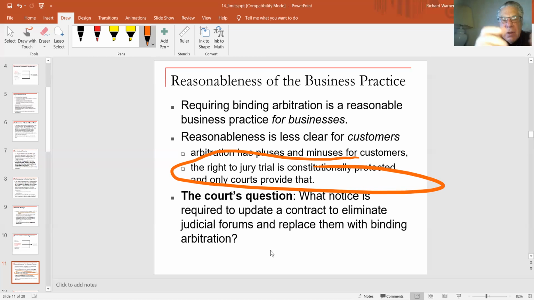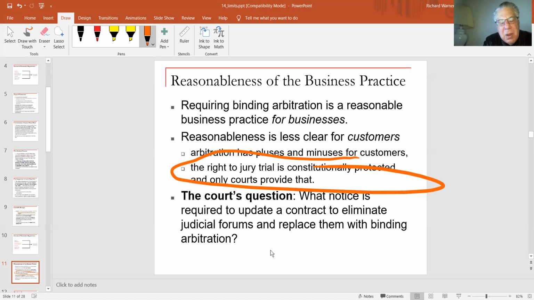You have to tell the consumers in advance, hey, we are making a really big change to our contract, and we want to let you know well in advance so you can decide what you want to do. And the court holds the piece of paper in the envelope did not rise to that level of notice.